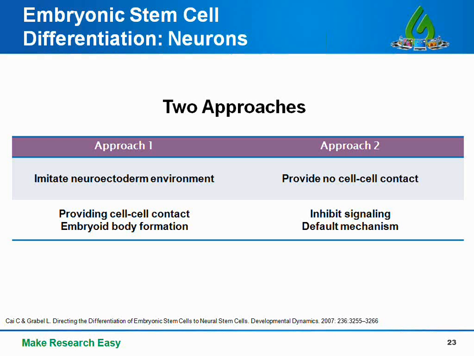Approach two is to provide no cell contact, and then as a default mechanism, it will induce neuron differentiation. Now most studies incorporate both strategies, and a very important part of differentiating stem cells into neurons or other types of cells is to induce embryoid body formation.